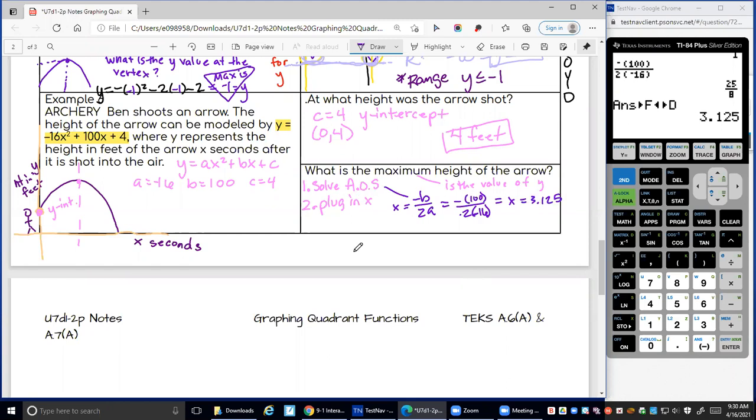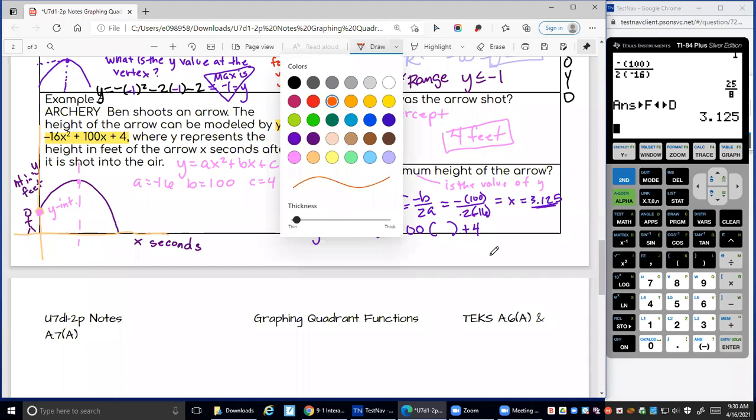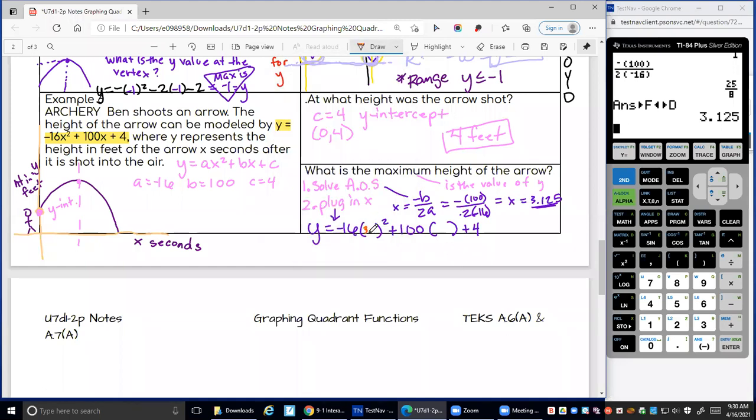So now what I'm going to do is take my original equation, y equals negative 16. Instead of the x, I'm going to put right here, little square, parenthesis, and then I've got 100, parenthesis, plus 4. And I'm going to plug in the 3.125. So here's 3.125.